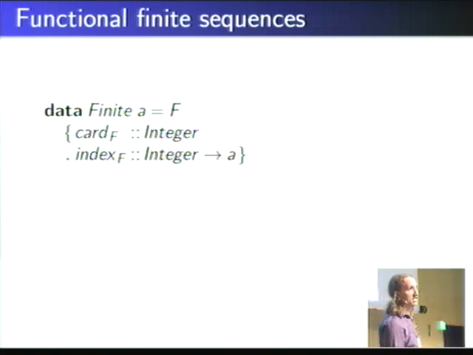There are billions of such values, but we don't want to use terabytes of memory to represent them. So we need to make something slightly more involved here. I came up with this type for finite sequences, and in a lack of inspiration, I named it Finite. Each finite sequence has a cardinality, which is just the length of the sequence, and the indexing function, which is what we're aiming at here.